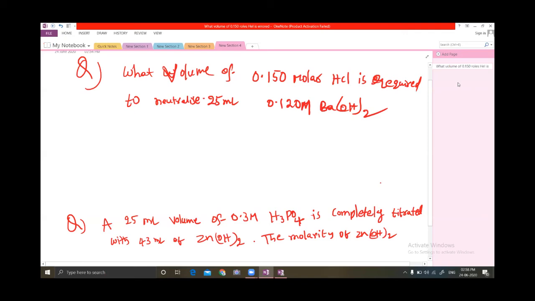Okay, I'm reading my question. Please note down: a 25 ml volume of 0.3 M H3PO4 is completely titrated with 43 ml of zinc hydroxide.